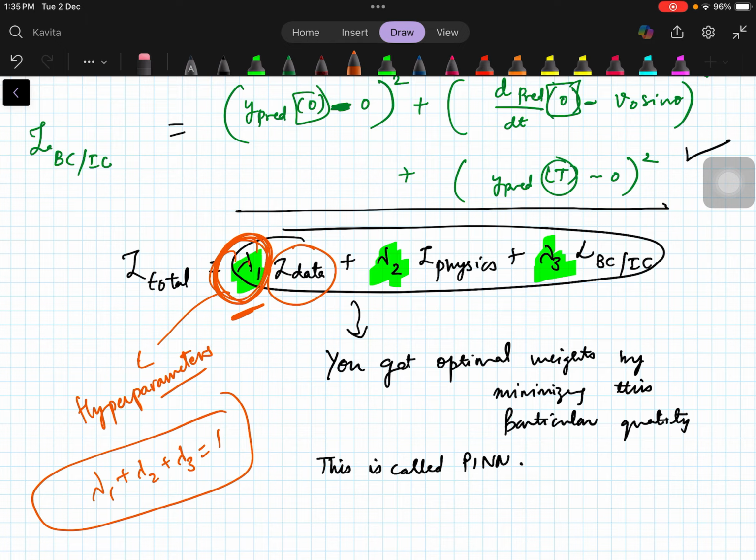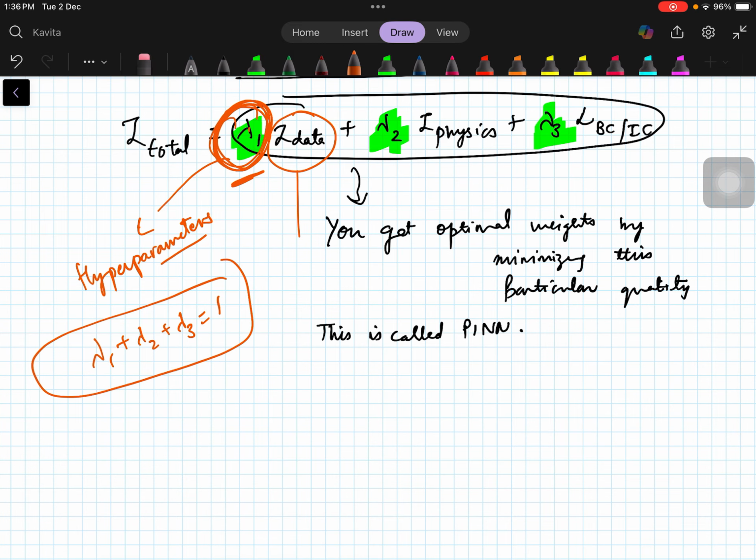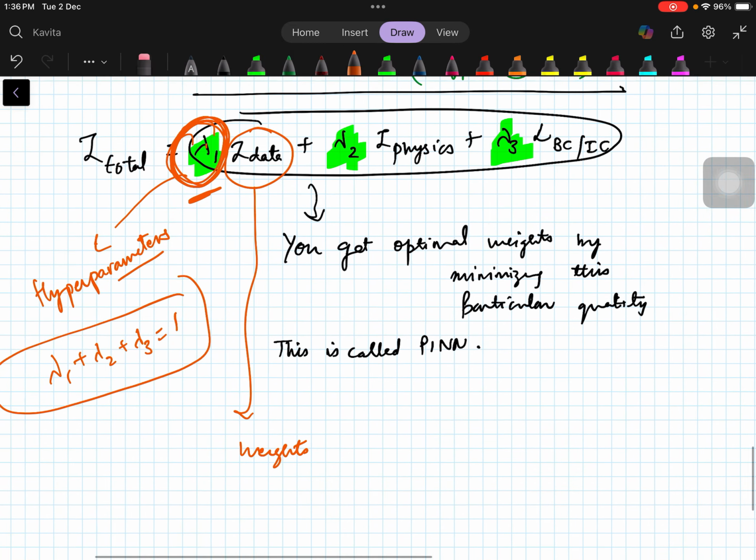So you see, this is a beautiful thing, that we are going to use the data set as well as the physics of the model to optimize the weights in the neural network, right? So once you get your weights using this particular minimization, it is a physics informed neural network.